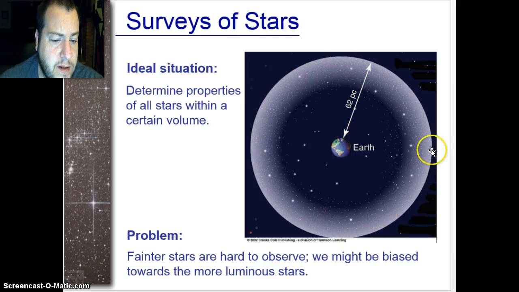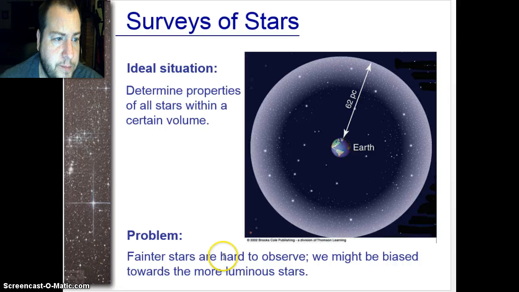Here, this illustrates the ideal situation to determine properties of stars. For stars within this 62 parsec radius from the Earth, we can determine properties of all stars within this volume.